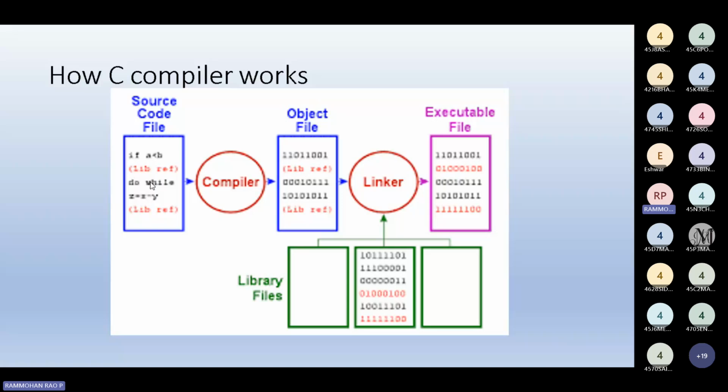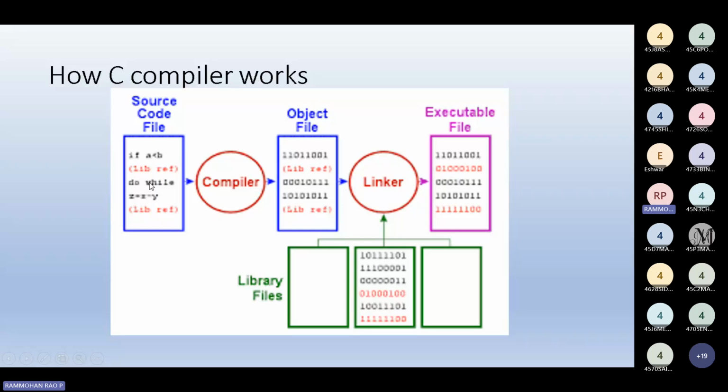Means you need to follow that syntax, or the grammar of the language. So first of all, the C compiler will check whether this program which you have written, this source code, this is nothing but our .c file, sir. The file with .c extension, right? So the program which we have written will be checked for syntax errors by the compiler.